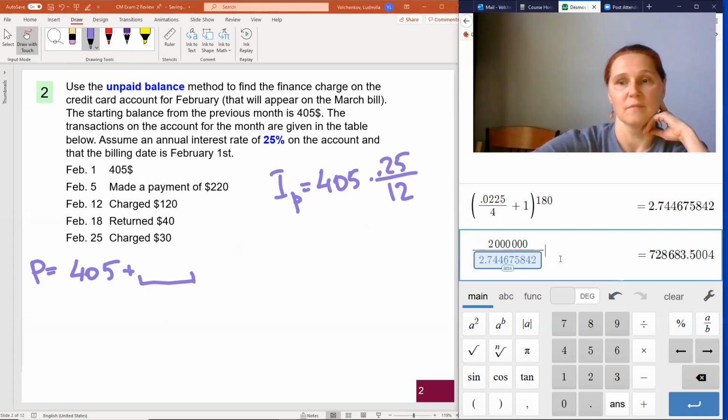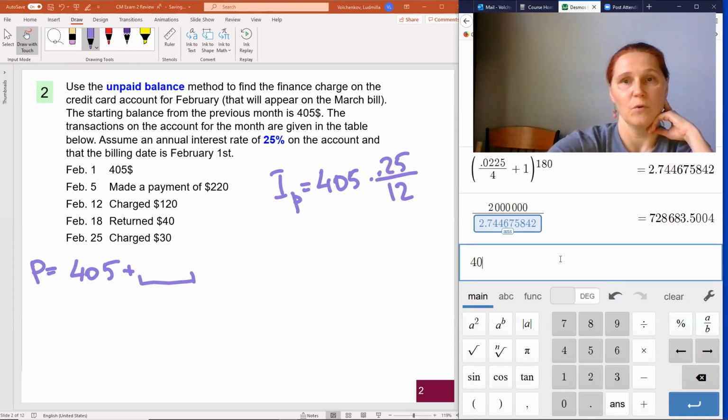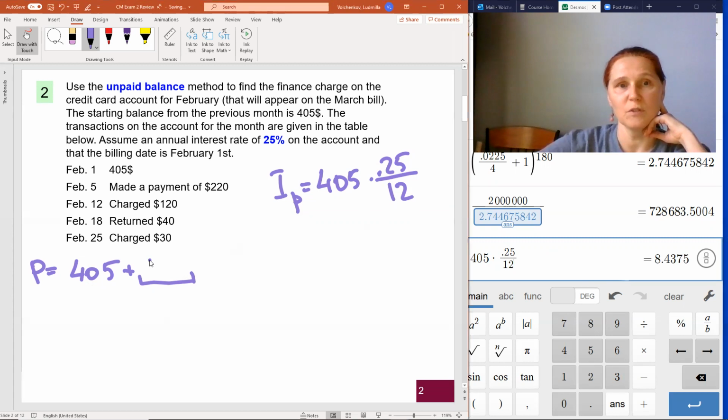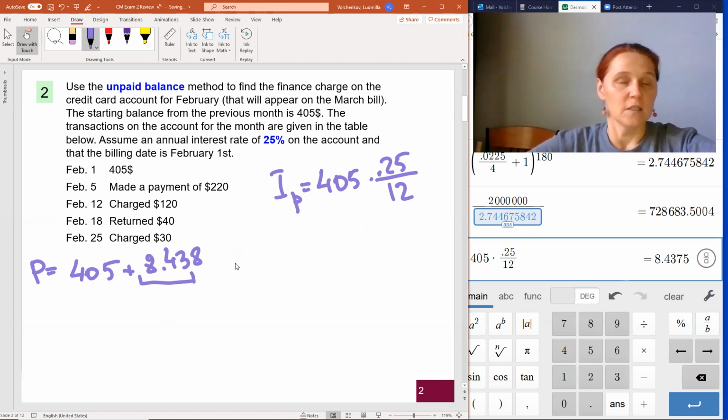405 times 0.25 divided by 12. So approximately 8.438. Then we must add or subtract all the adjustments that are made to the account. So we made a payment.